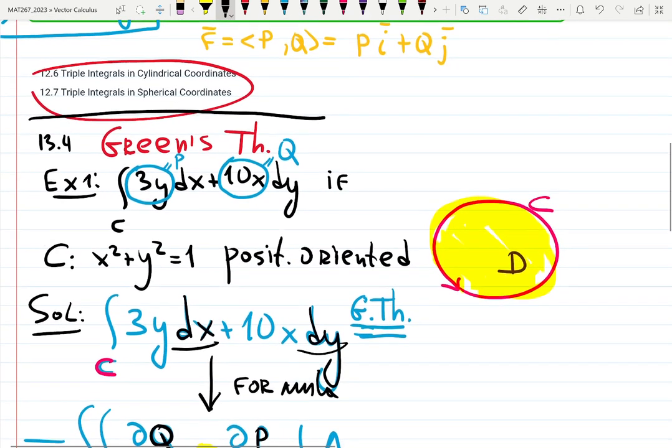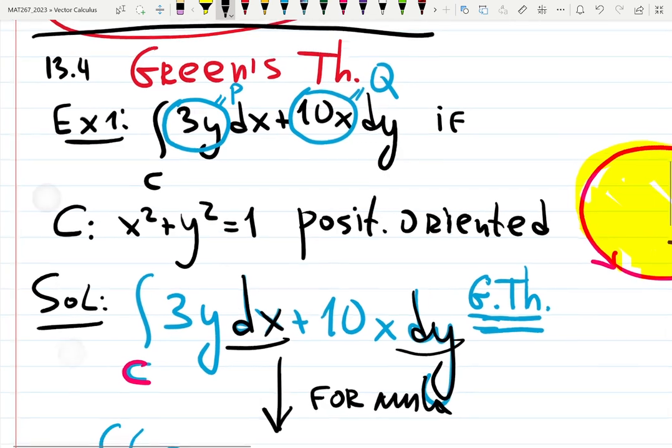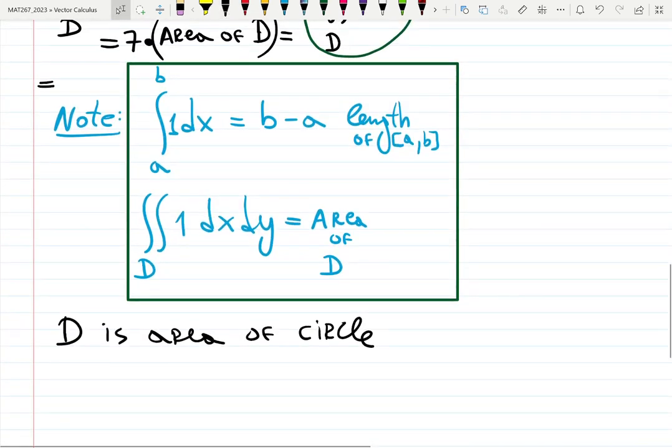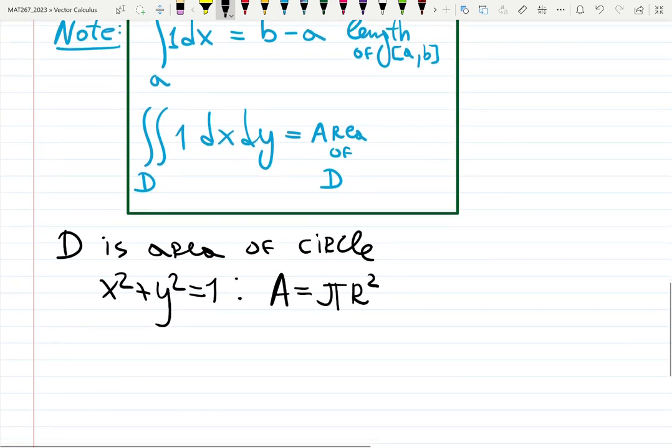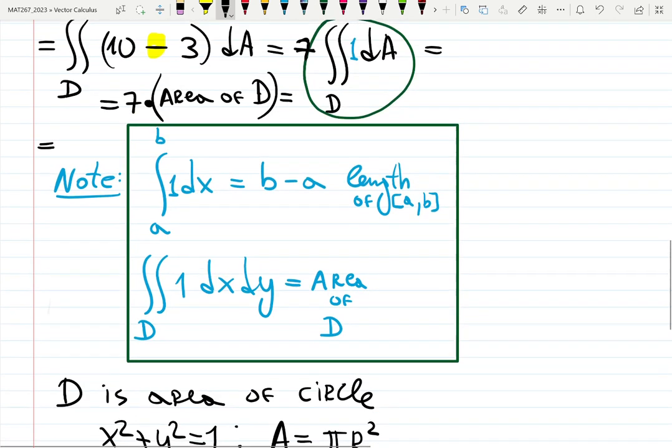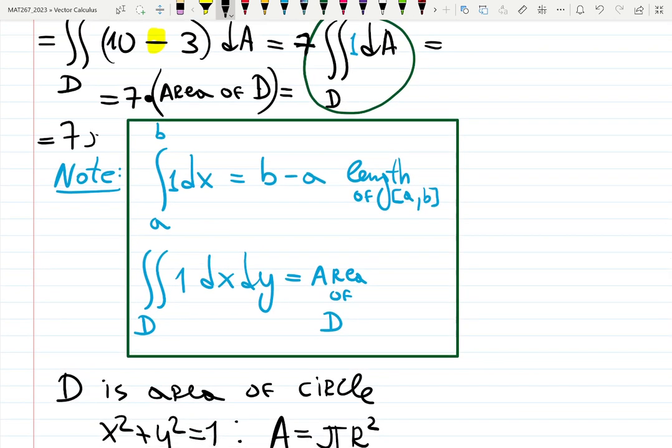I'm going back here. x squared plus y squared equals 1. Area of any circle is, just like you said, pi r squared. What is my r? Yes? 1, exactly. So the area will be pi times 1 squared. So I multiply by 7, and the answer is 7 pi.